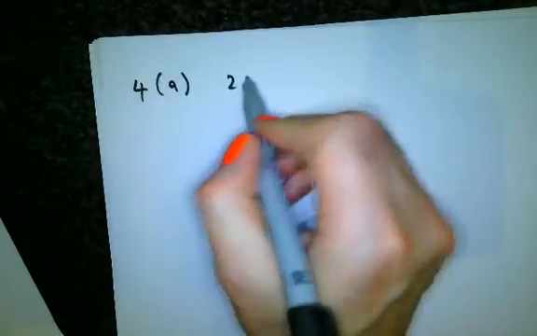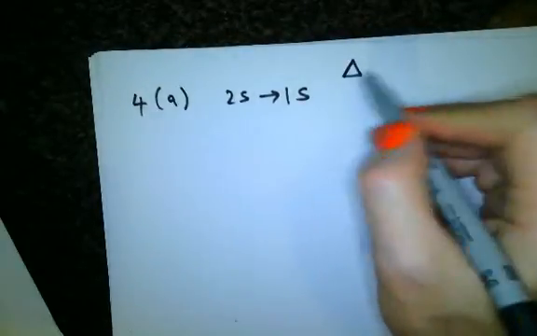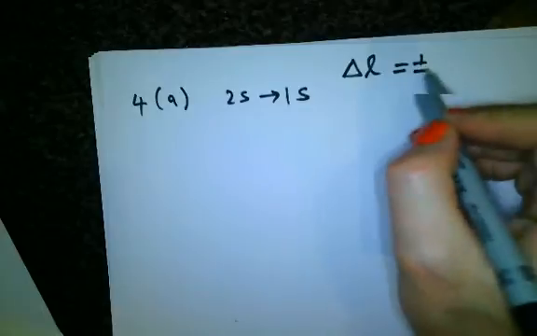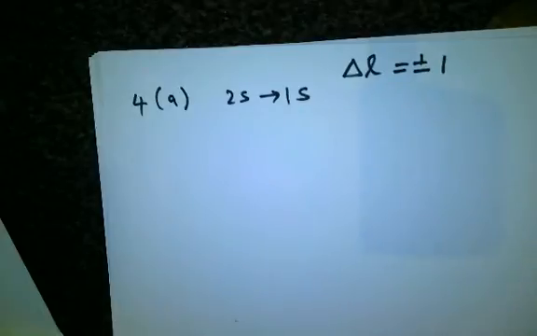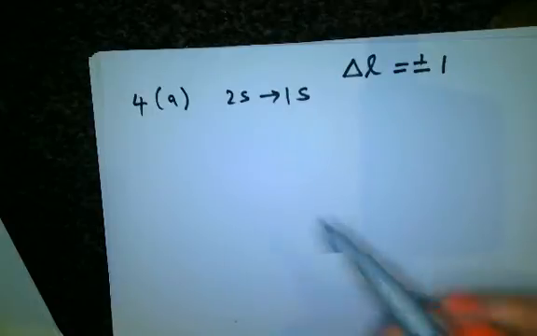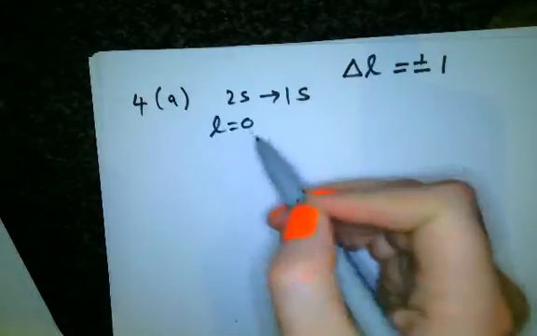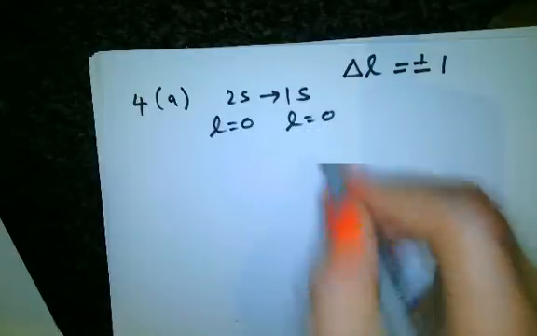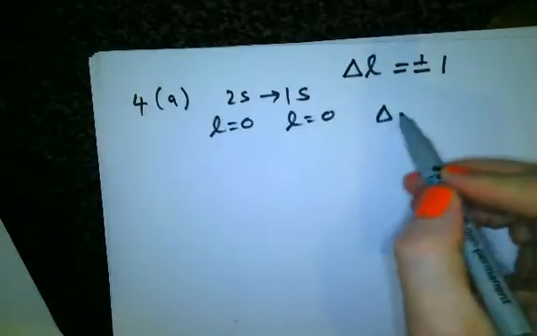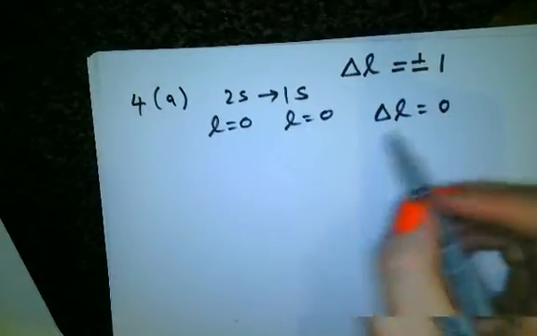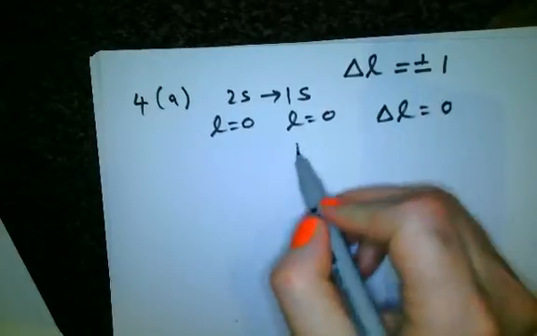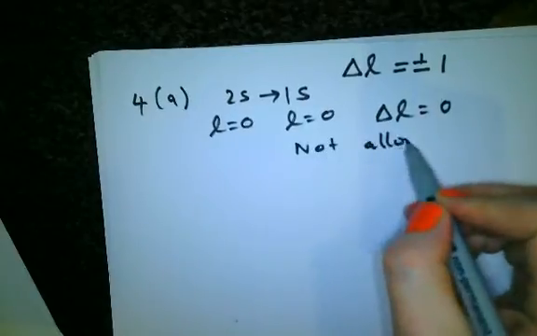So remember, the rule that we have to use is that your change in angular momentum must be plus or minus 1, because that is the angular momentum of a photon. So for a 2s orbital, L is 0. For a 1s orbital, L is 0. So your change in L in this case is 0. So it's not plus or minus 1. So this is not allowed. It's a forbidden transition.